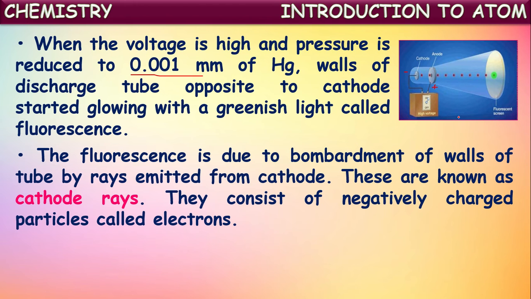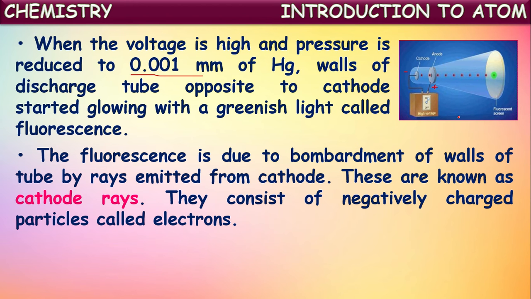In the discharge tube experiment, he took a gas inside the discharge tube and applied high voltage current on it. At normal pressure, no passage of electricity was observed. As pressure was reduced, the electricity passage started.